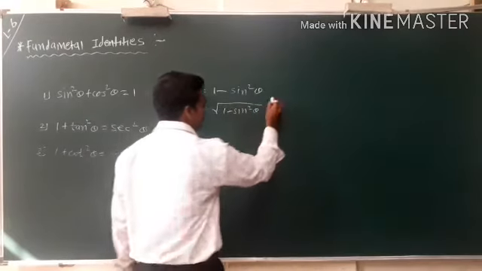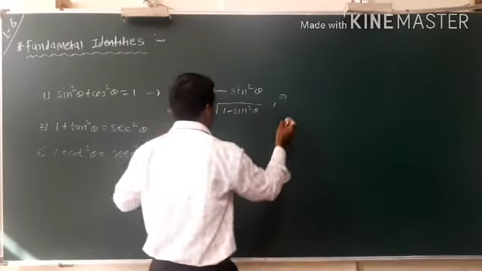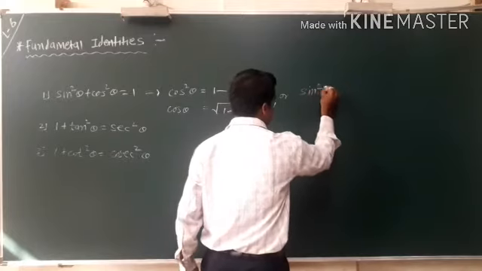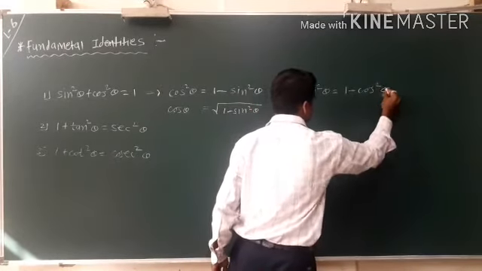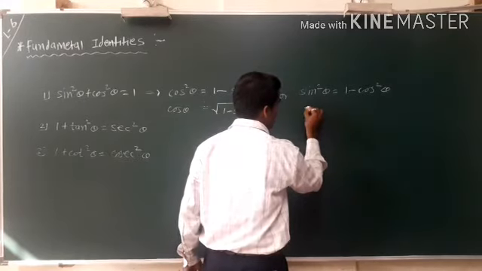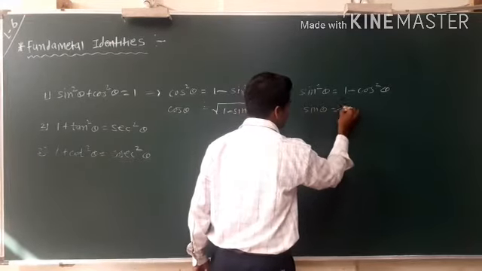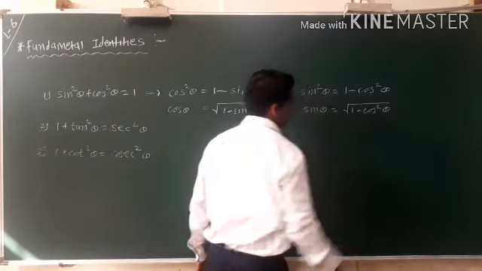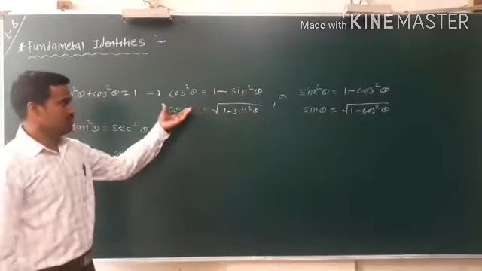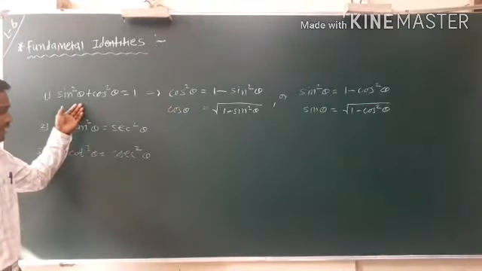Similarly, sin square theta equals 1 minus cos square theta, and sin theta equals the square root of 1 minus cos square theta. Okay, these are the forms of the first identity.